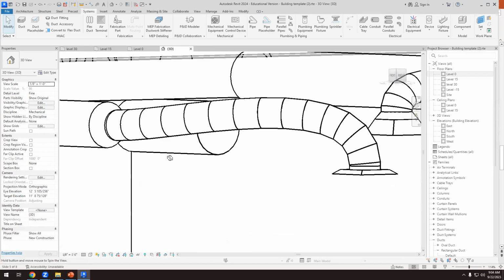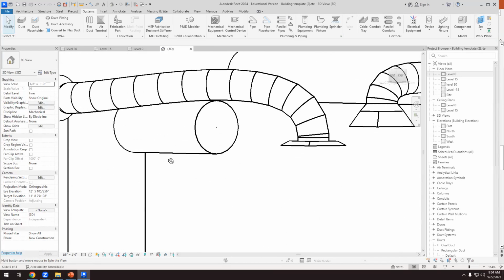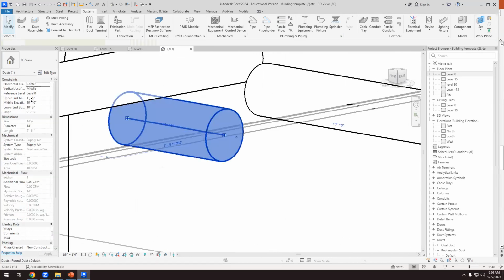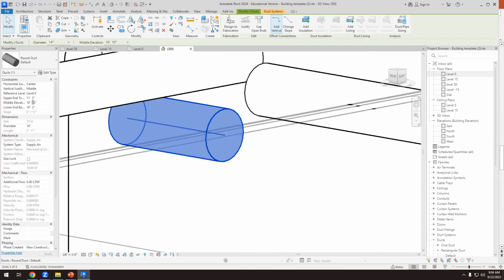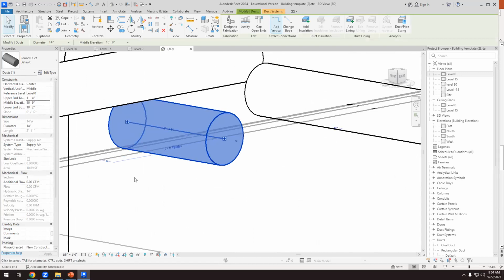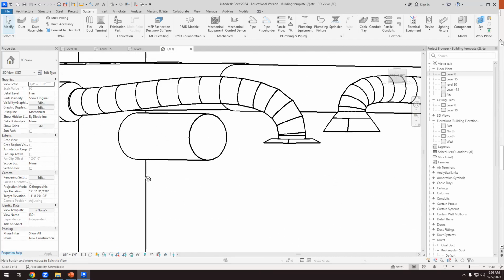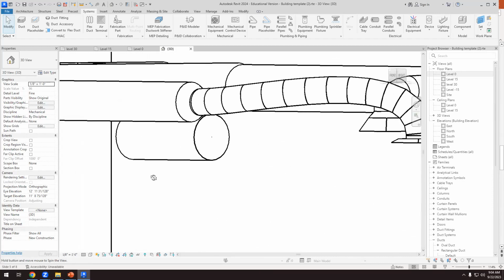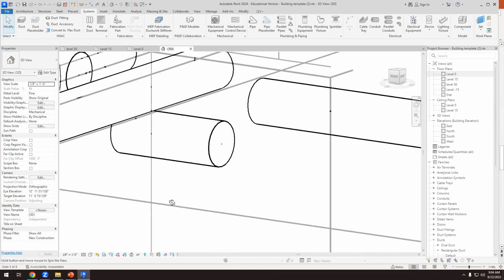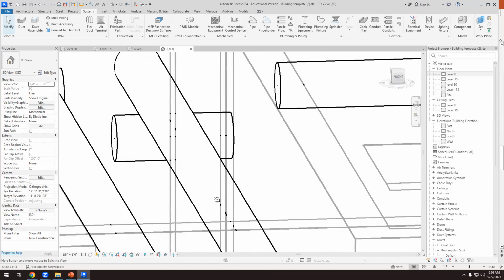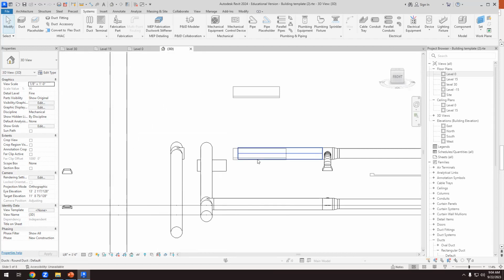Yeah, it works. I'm not sure, so let's make it 10 and 9. Yeah, so now there's a tiny gap between the return and this. So now that's my problem.